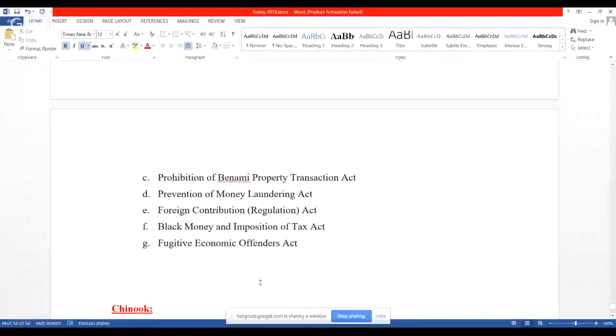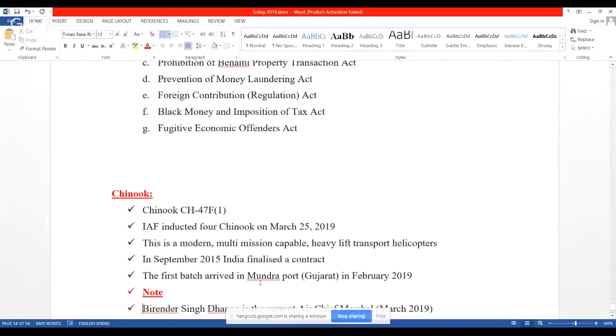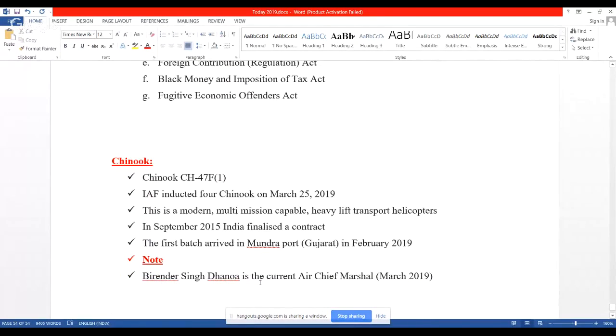Next, look at this. This is what I was telling you. This is a Chinook CH-47F(I). The Indian Air Force inducted 4 Chinook helicopters on March 25th, 2019. Please look at this very carefully.